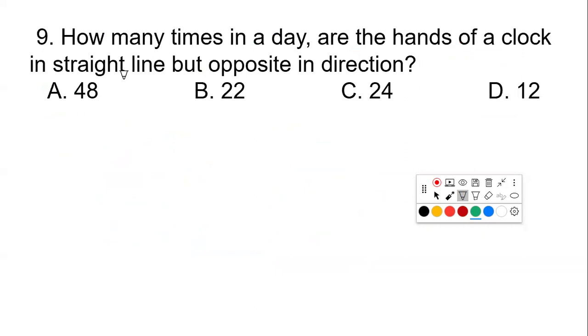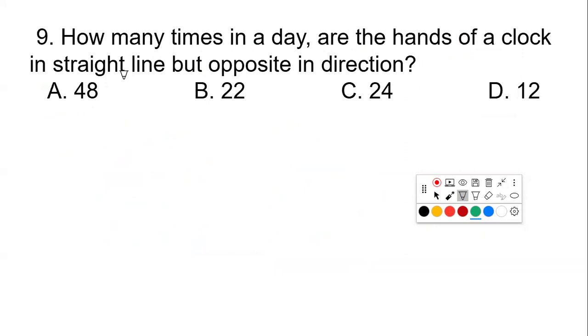How many times in a day are the hands of a clock in straight line but opposite in direction? Day means 24 hours. You know, every 1 hour it happens only once. But when it comes to 12 hours, it happens only 11 times.